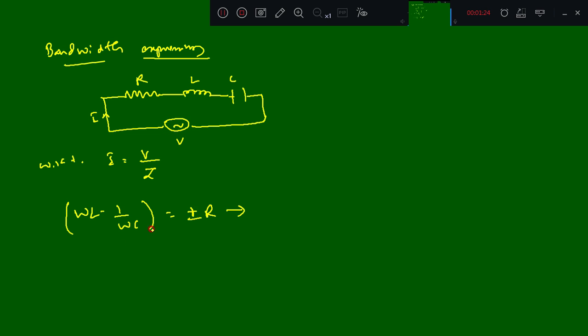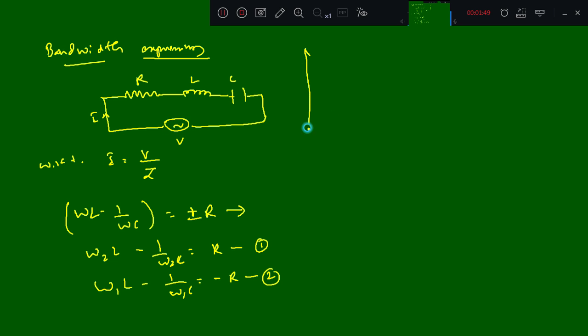So I will segregate the positive and negative parts, that is omega 2 L minus 1 divided by omega 2 C equals positive R, equation number 1, then omega 1 L minus 1 divided by omega 1 C equals negative R, equation number 2.